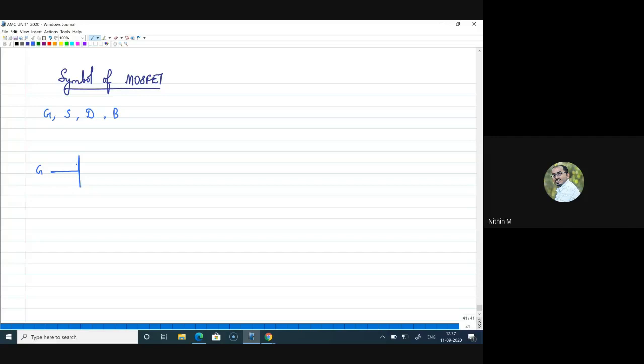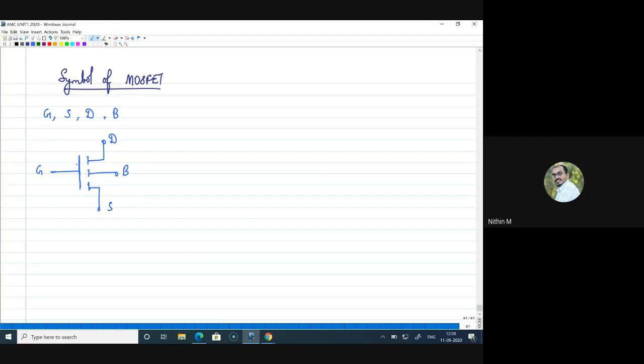The gate is isolated from the rest of the device, so we give a small space there. Then we have 3 terminals: drain, body, and source, marked as 3 different terminals like this.